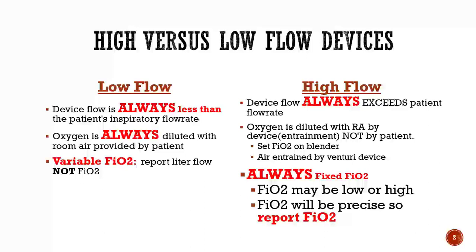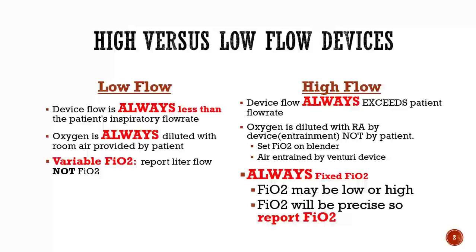So, big takeaways: device flow is always less than the patient's inspiratory flow rate. The oxygen is always diluted by room air that is provided by the patient, which makes the FiO2 variable, which is why we would report liter flow and not FiO2. That's why you see 2-liter nasal cannula, 3-liter nasal cannula, and you don't see 34% nasal cannula.